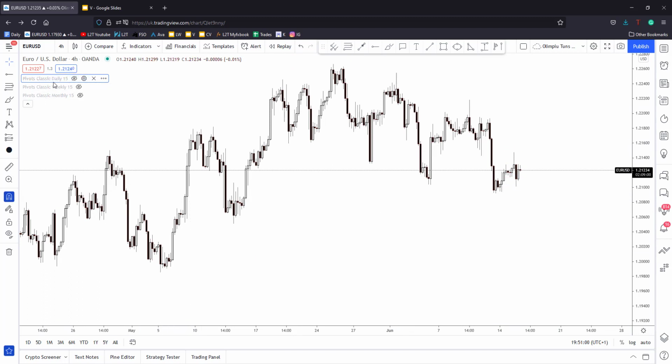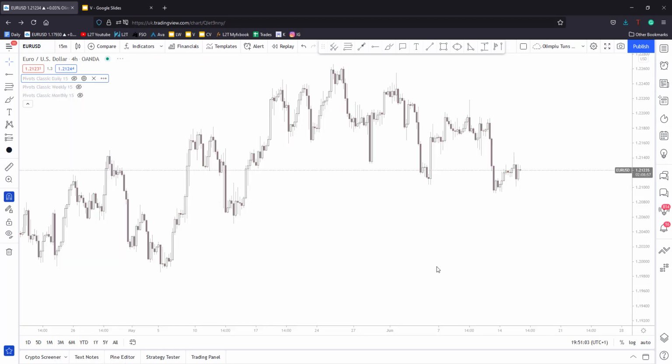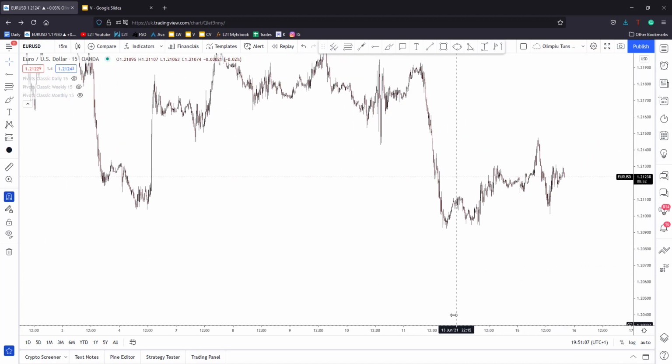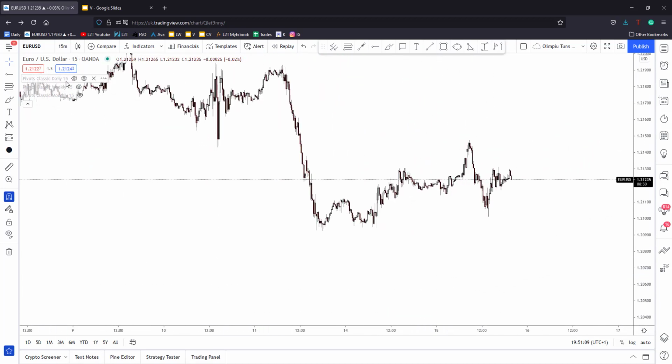I've told you that I'm using the daily pivot points only when I'm trading maybe here on 15 minutes. One moment, because I will add the pivot points.